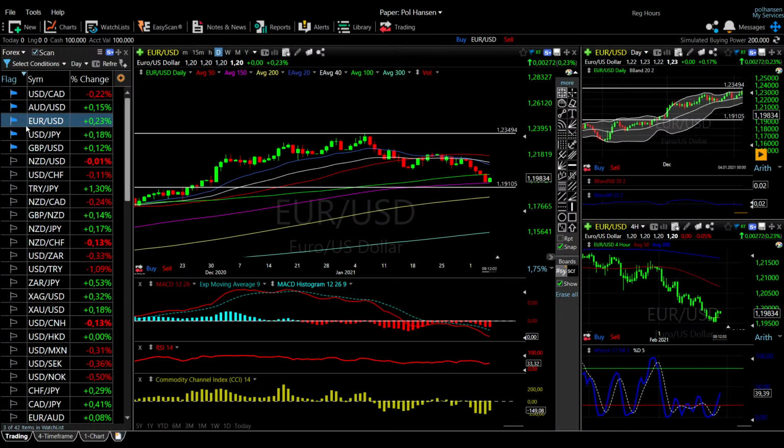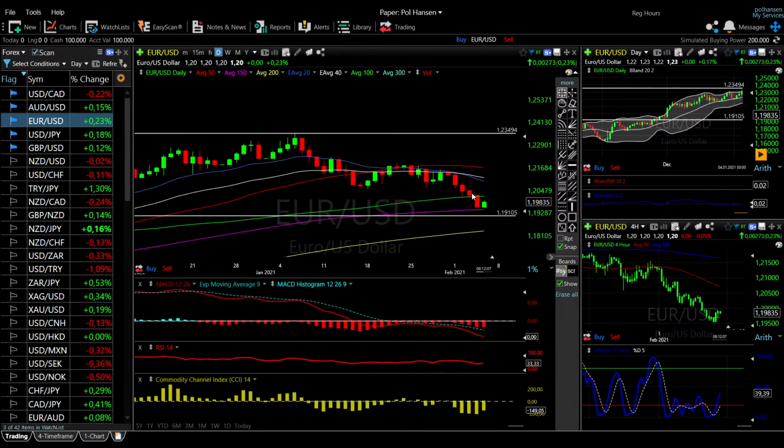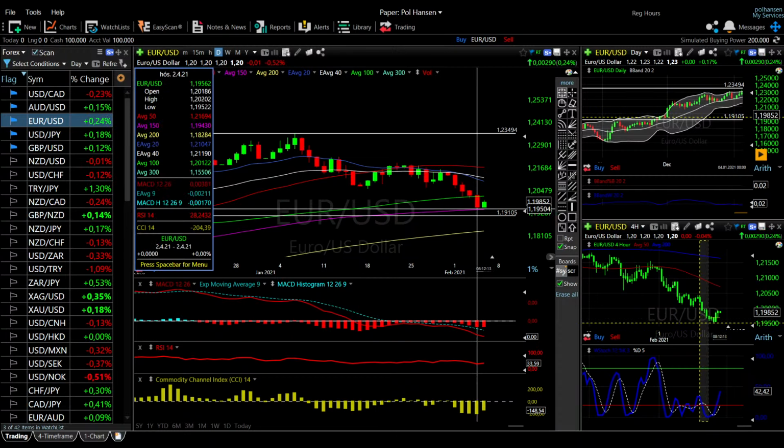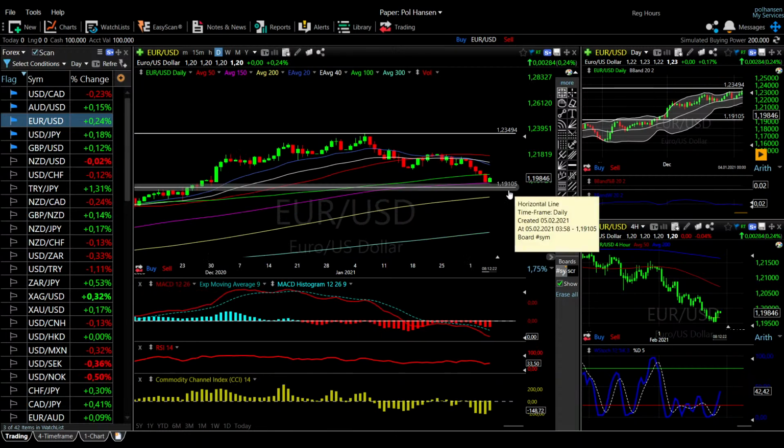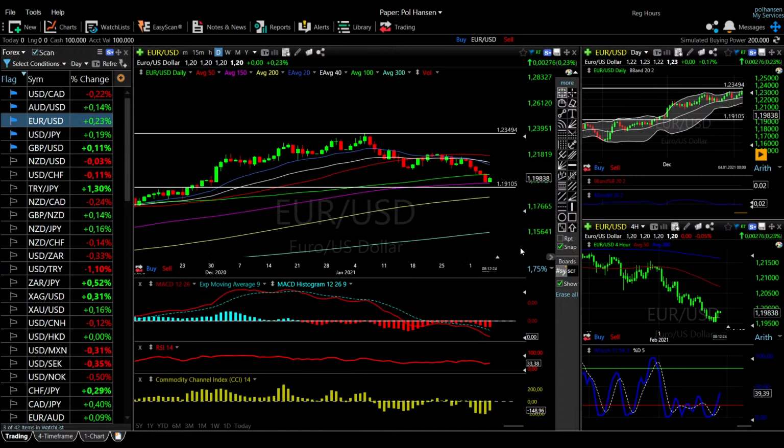So we entered a euro US dollar trade this morning, and the reason for that is because we ran into major resistance here last night. We hit the 150 moving average, and it then bounced from the 150 moving average. We can look at, for example, the RSI for the euro, and we can see that it is 33.